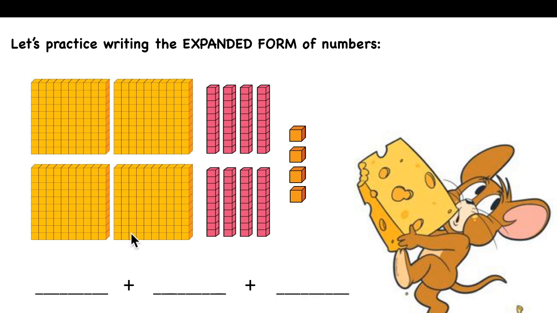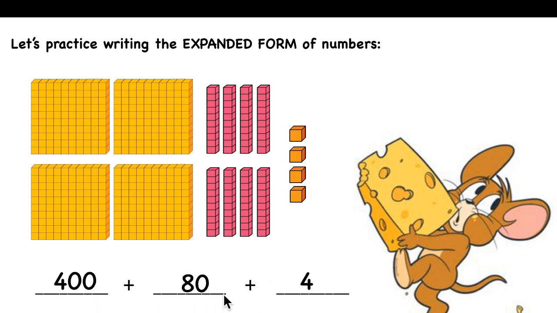So, how many hundreds do we have? 400. How many tens do we have? 1, 2, 3, 4, 5, 6, 7, 8. 8 tens will be 80. And how many ones do we have? 4. That is the expanded form.